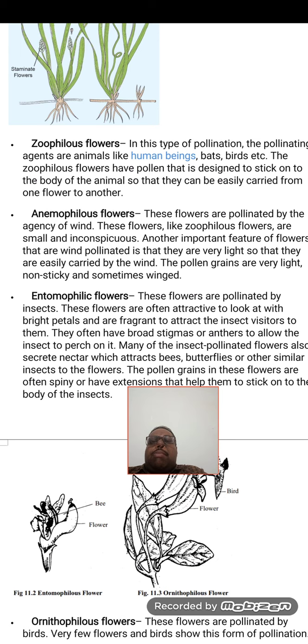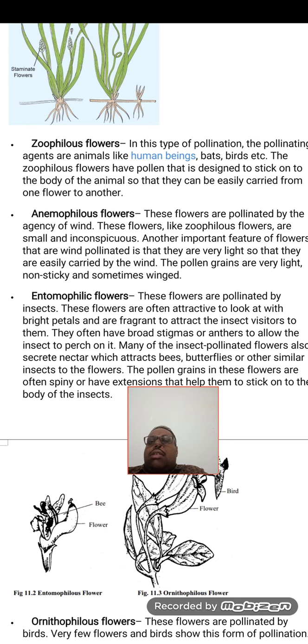A flower should have bright petals, fragrance, color, and temperature factors. Those things are very important. One of the best examples is honeybees. Whenever a honeybee comes towards a flower, one thing they use is seeing the color. Next is nectar.